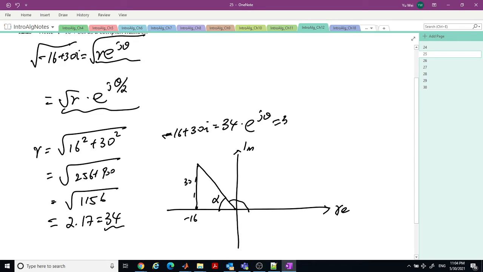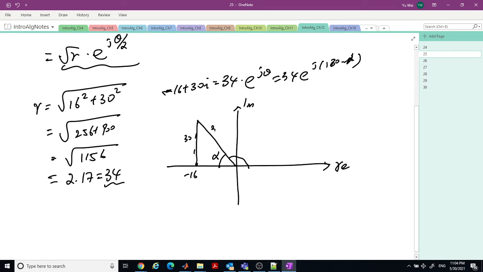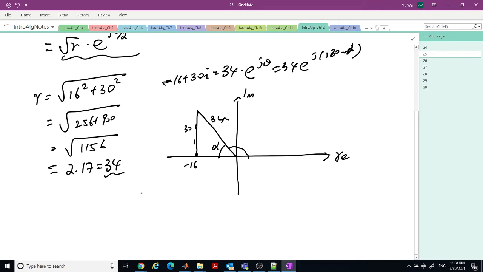So this one is the 34 e^(j(180 minus alpha)). Okay, now let's see. So we have this is the 34. Now we know the cosine alpha is equal to 16 over 34, and the sine of alpha is 30 over 34, right?